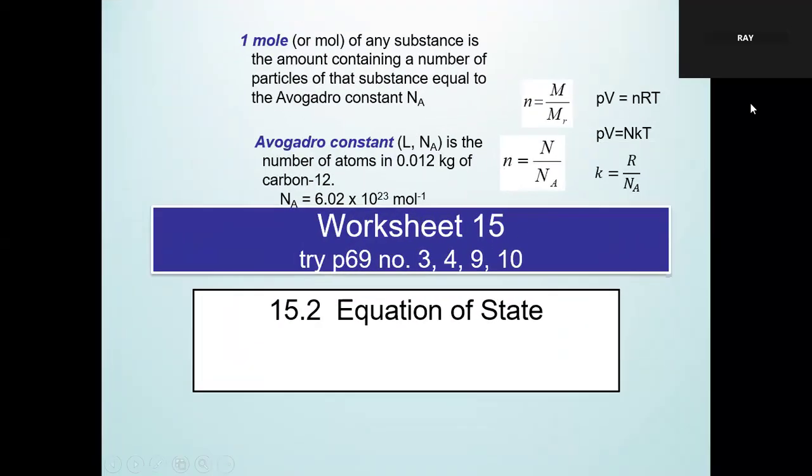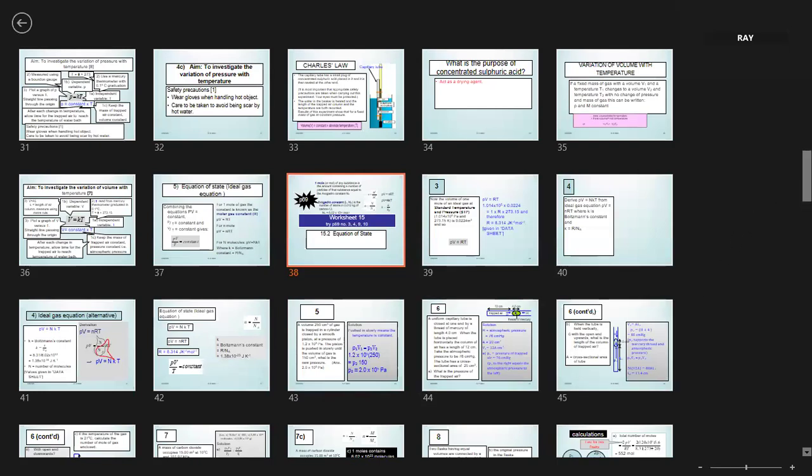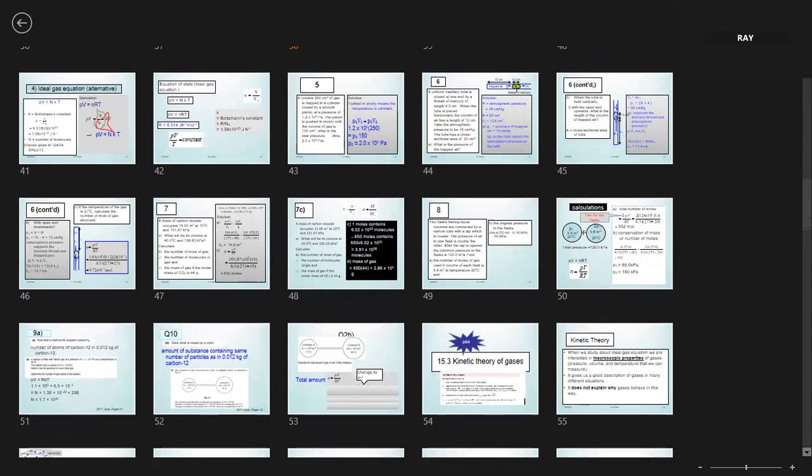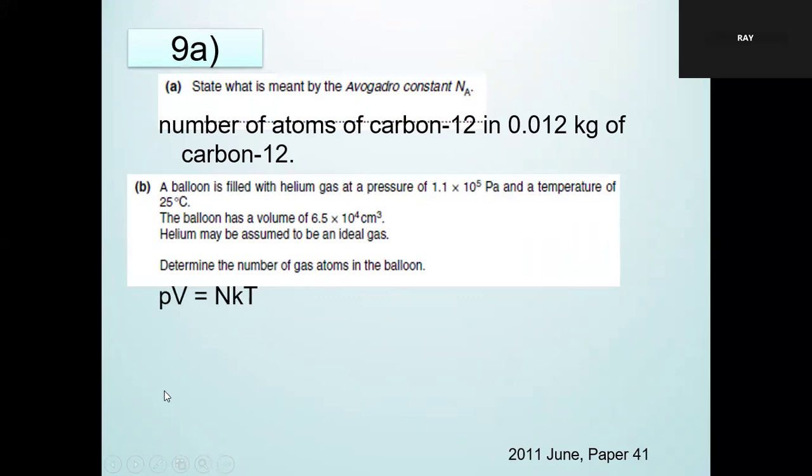Right? We are just using this formula, that's all. Getting you to be familiarized with the formula. Choose the right formula to use, then easier to calculate. Put in your value. That's the pressure. That's the volume.